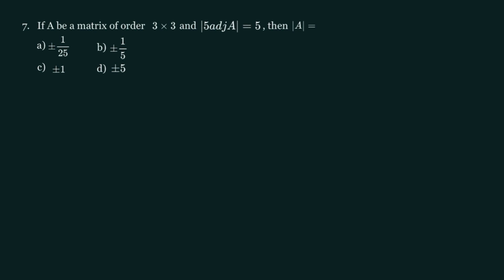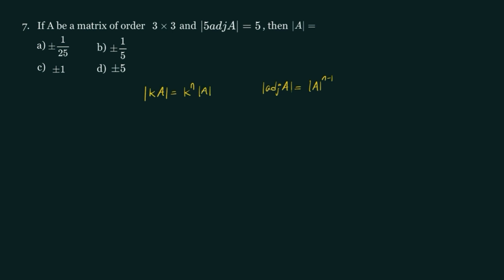The first property is that the determinant of any scalar k times A will be k to the power n times determinant of A. The second property is that the determinant of adjoint of any matrix A will be equal to determinant of A to the power n minus 1. Here n means the order of the matrix, and in our case the value of n is 3 because the matrix A is of order 3 by 3.